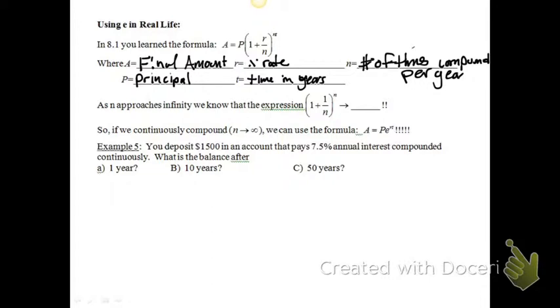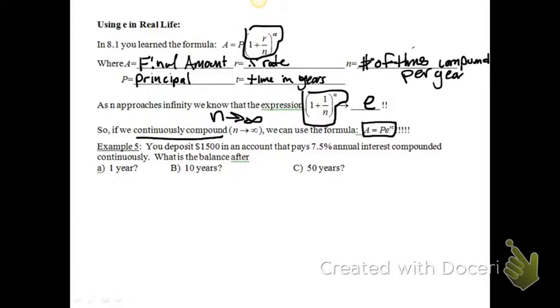So if n goes to infinity, if we compound infinitely many times per year, this expression, 1 plus 1 over n to the n power, which is essentially our base, goes to e. So if we compound continuously, we use a different formula altogether. We use A equals P times e to the rt.